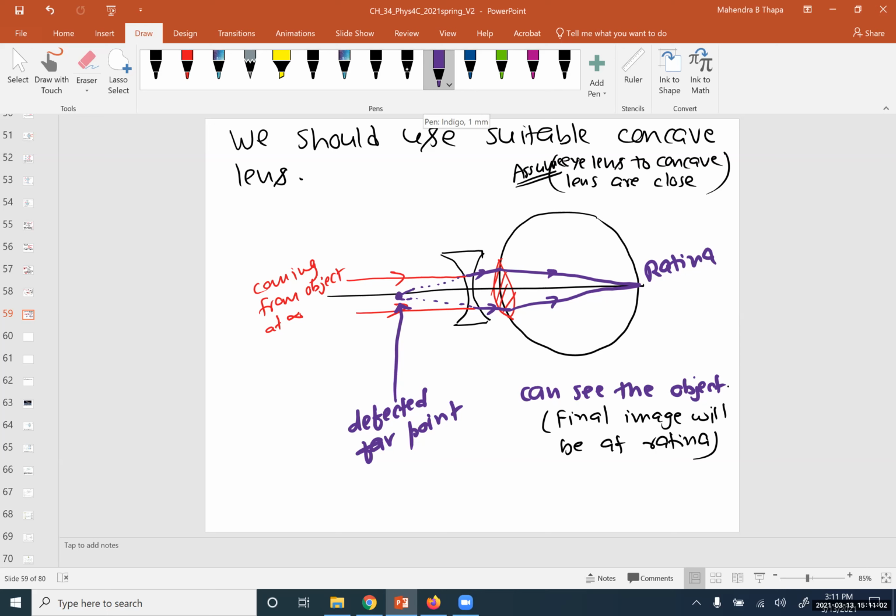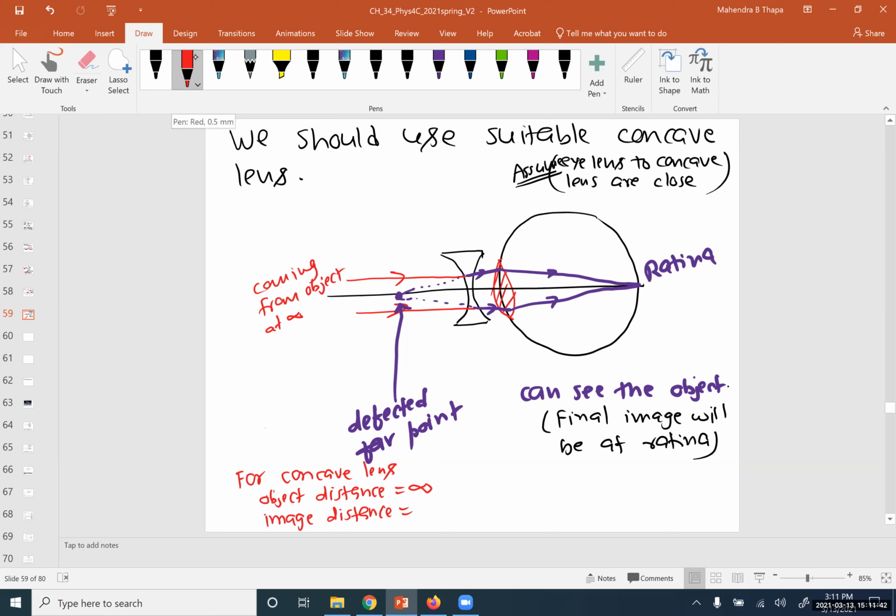Based on that, for the concave lens, the object distance will be infinite, and the image distance, from this picture, the image must be found here.